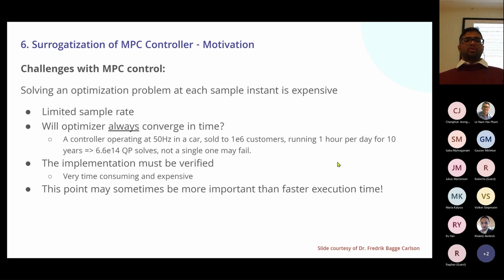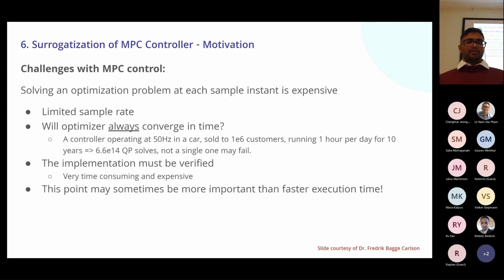So the question is, will the optimizer always converge in time? As an example, if you have a controller operating at 50 hertz sold to a million customers and so on, we could end up with a gigantic number of QP solves, like 6.6 times 10 to the 14 QP solves, and not a single one may fail.